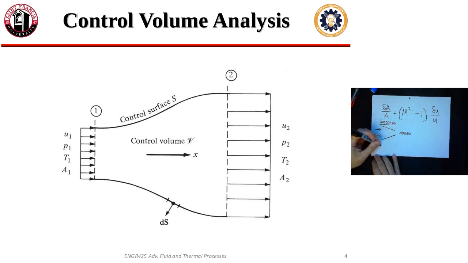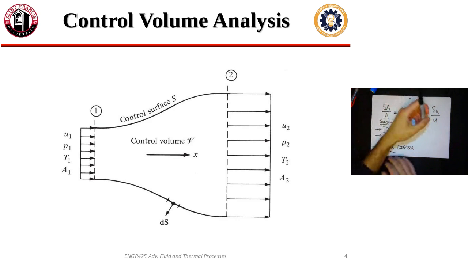If it's diverging, that's a diffuser, meaning we can expect a positive change in speed through the nozzle and a negative change in speed through the diffuser.